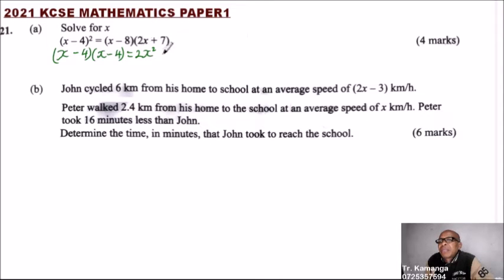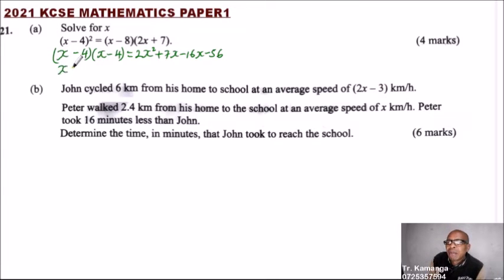Then x multiplied by 7 is plus 7x. Then minus 8 times 2x is minus 16x. Then minus 8 times 7 is minus 56.